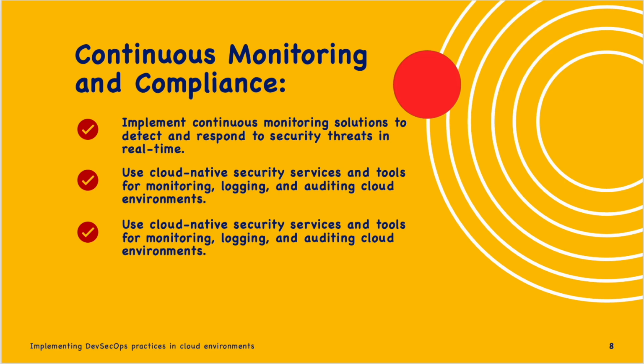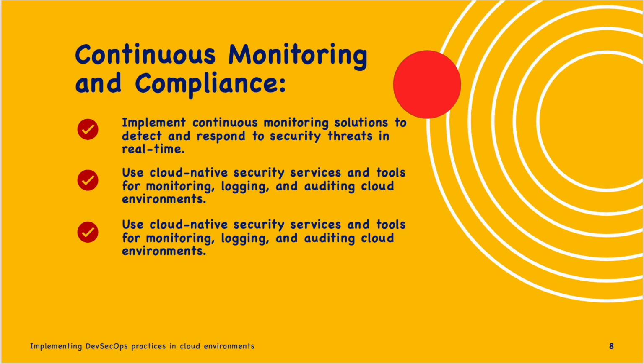Cloud native security services and tools, like AWS. AWS provides IAM, which enables you to manage access to AWS services and resources securely. Amazon GuardDuty, a managed threat detection service, continuously monitors for malicious activity and unauthorized behavior in your AWS account.